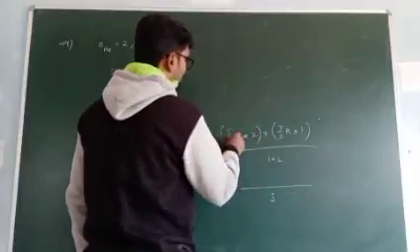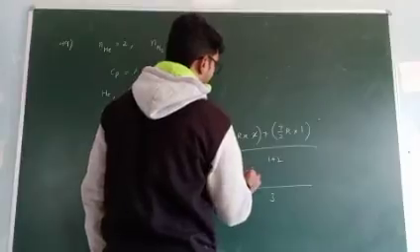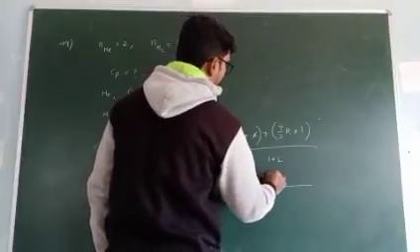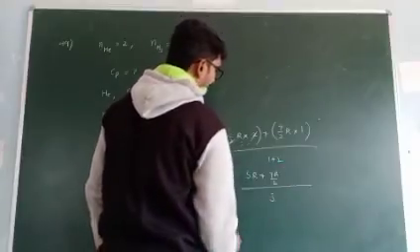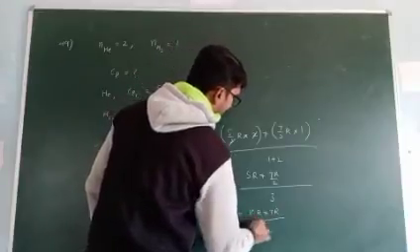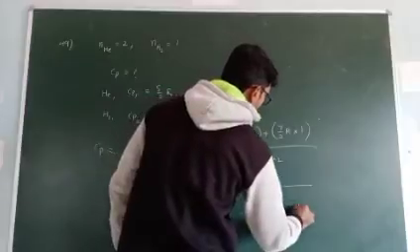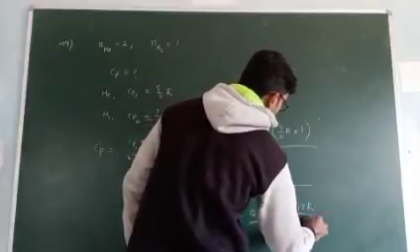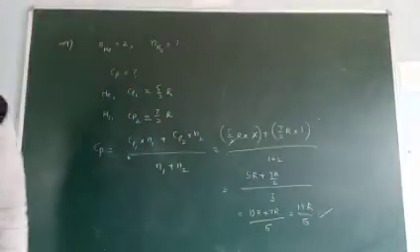The 2 cancels here: 5R plus 7R by 2, which is 10R plus 7R by 6. So 17R by 6 is the value.